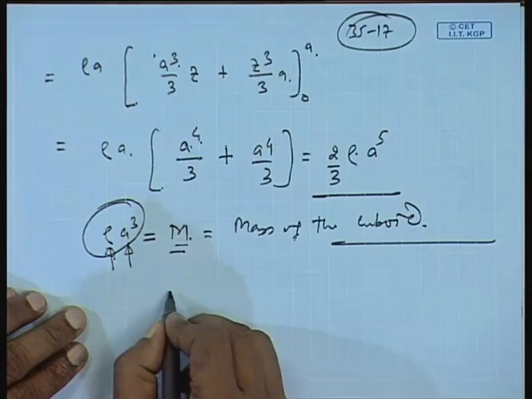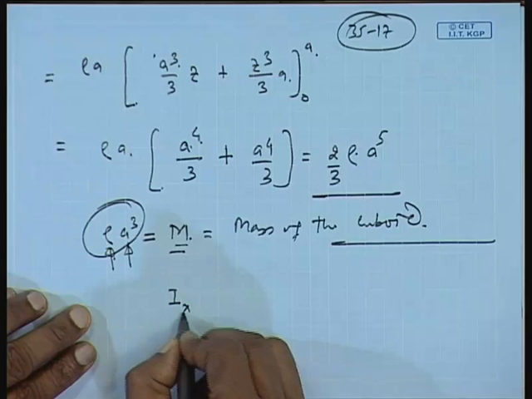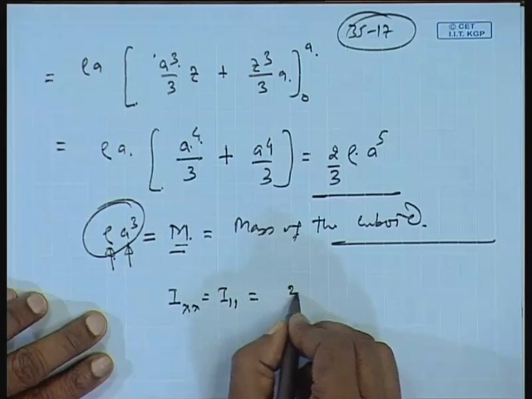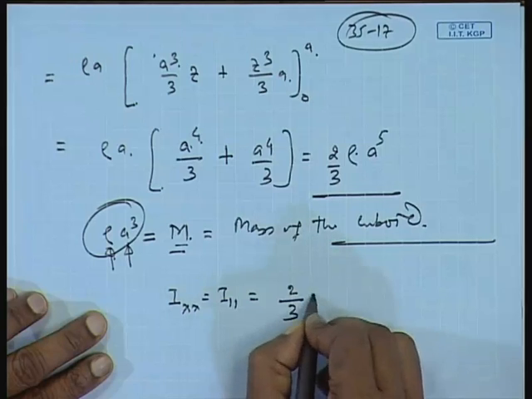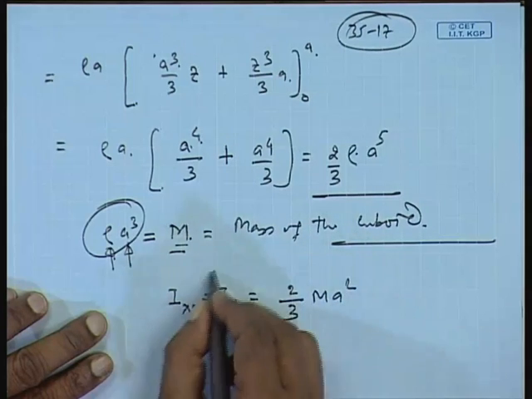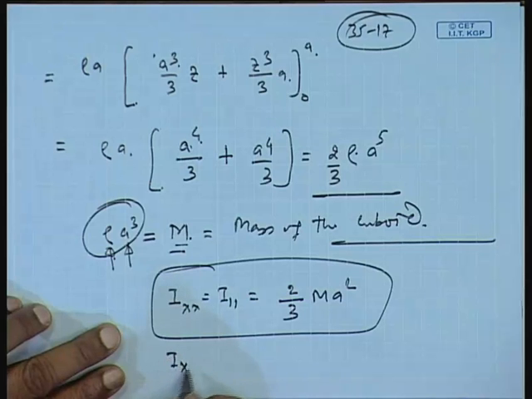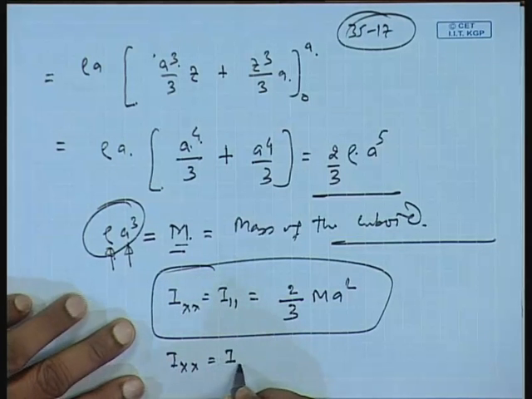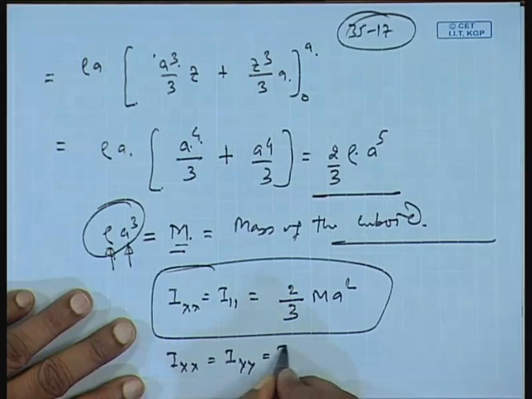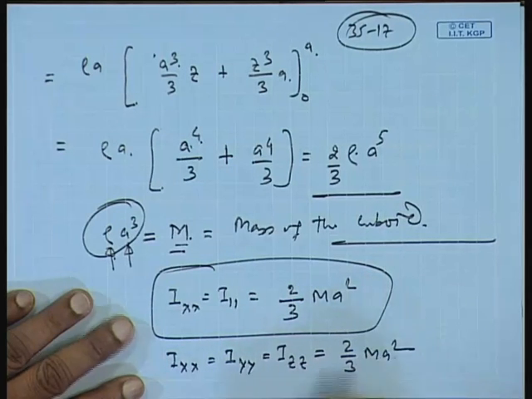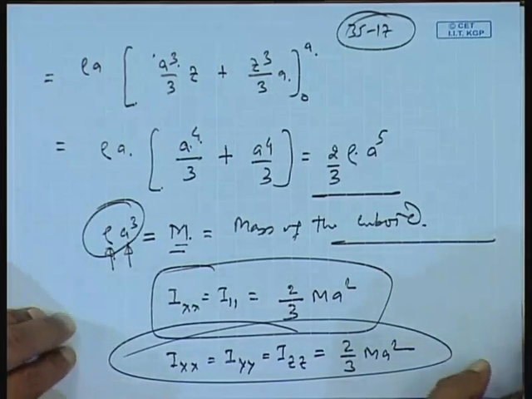So, we can write that Ixx equal to I11 is 2 by 3 m a square. By symmetry you can check that Ixx equal to Iyy equal to Izz equal to 2 by 3 m a square. This is obvious from the symmetry, because it is a cuboid.